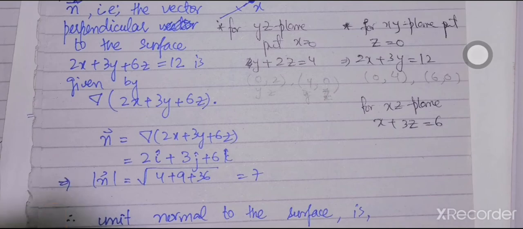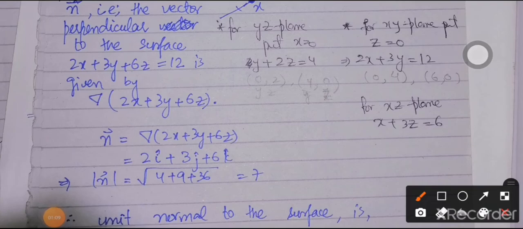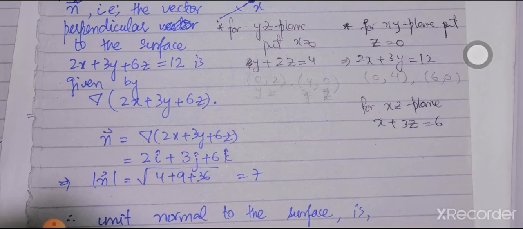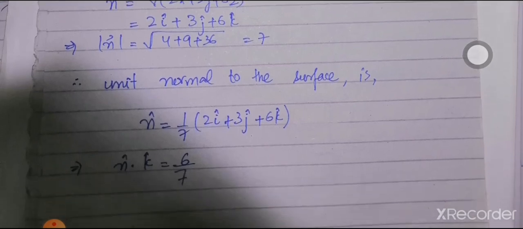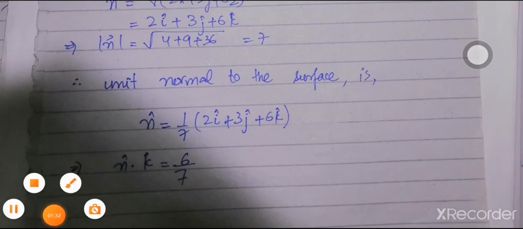The gradient is the derivative with respect to x, which is 2, so 2i, plus the derivative with respect to y, that is 3, so 3j, plus 6k, and its magnitude is equal to 7. So the unit normal to the surface will be n = 1/7 (2i + 3j + 6k). Now n dot k will be equal to 6/7.